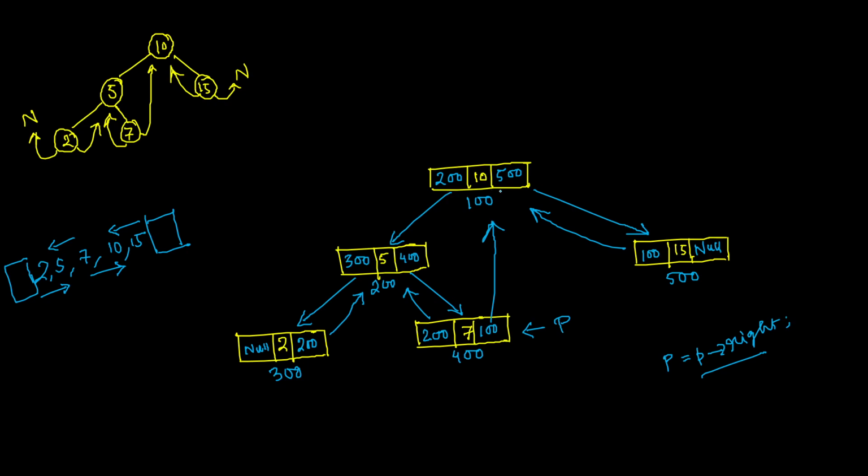Instead of the 3 compartments that I showed here in this node, the node should actually have 5 compartments. You can say one is data, one is right pointer, one is left pointer, and then we have a right flag and a left flag. The purpose of the right flag and left flag is the same.